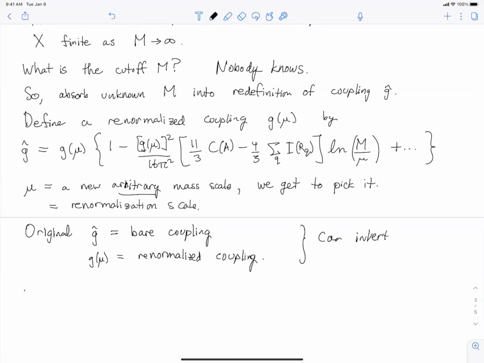So you can write the renormalized coupling as the bare coupling times 1 plus G hat squared over 16 pi squared, and then there's the same group theory stuff, 11/3 CA. By the way, Wilczek and Gross and Politzer won the Nobel Prize for computing the 11/3 CA stuff.